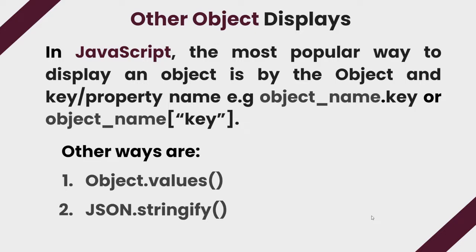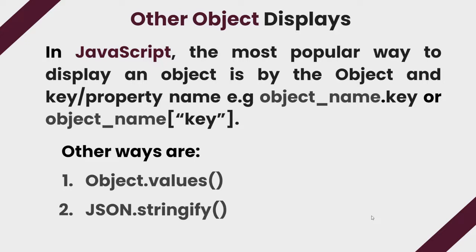Now, some other ways of displaying objects are also displayed on the screen, and you can see the first one to be Object.values. So this Object.values is a method that can be used to display an object. But this particular method actually converts the object into another data type for it to be displayed on the screen.